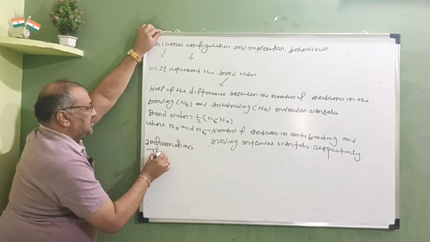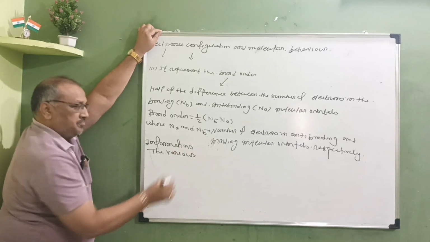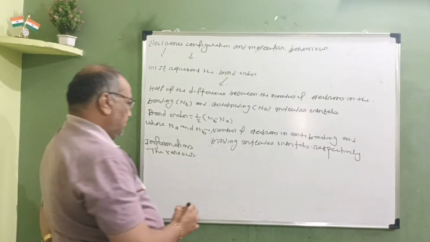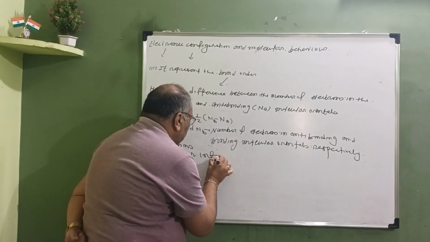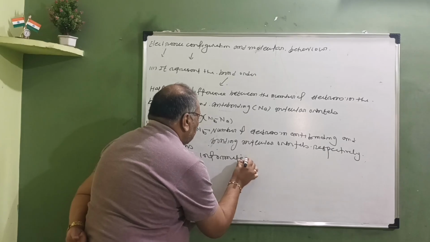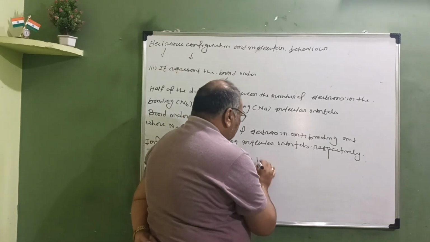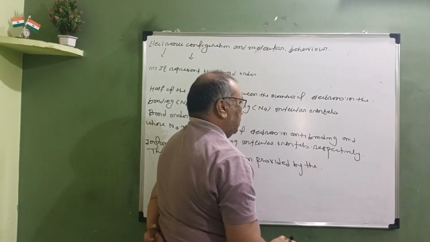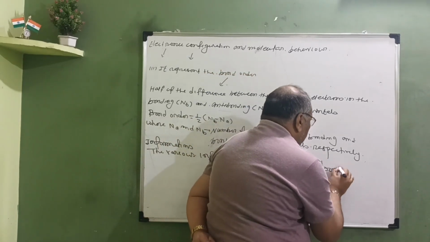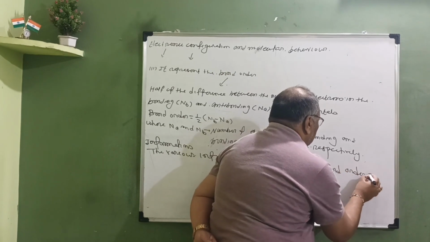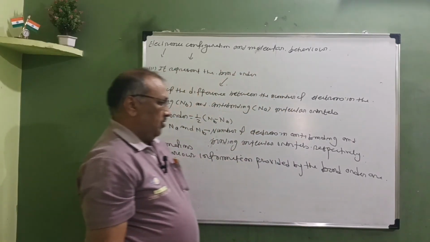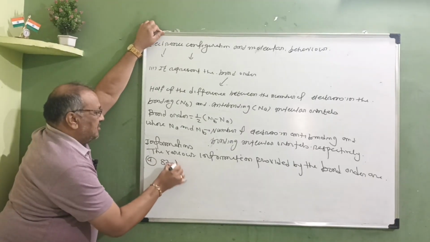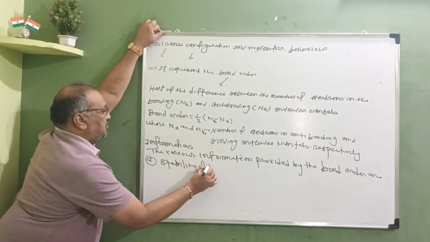Now the various information provided by the bond order are: number 8, stability of the molecule.